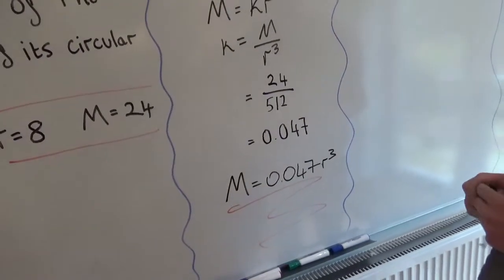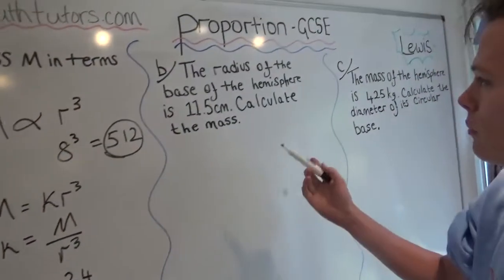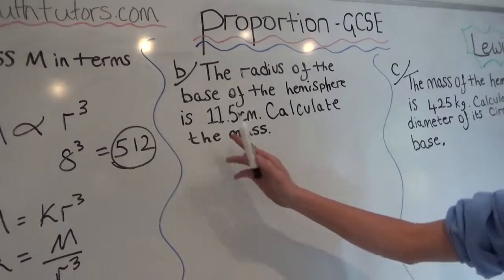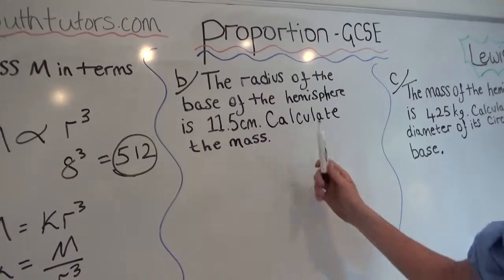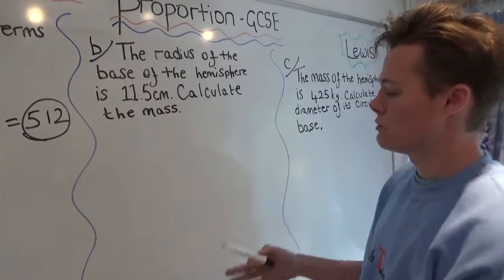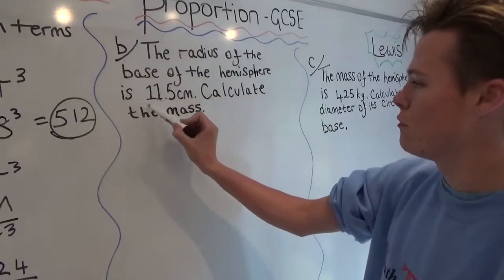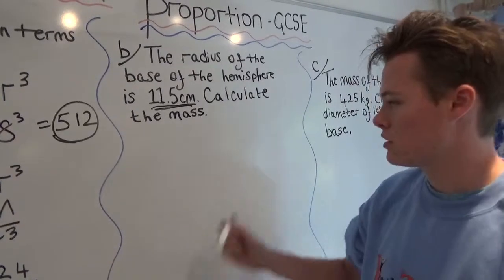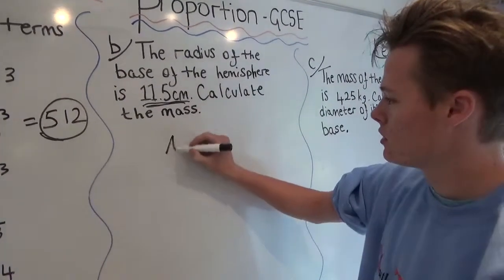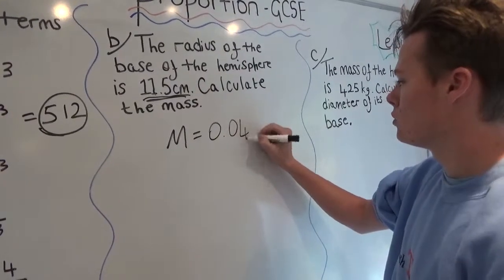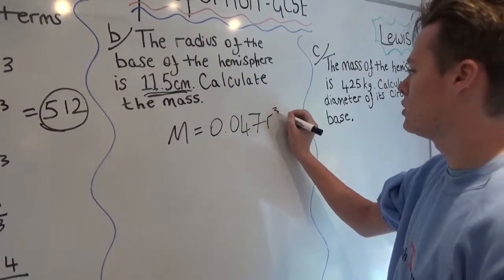Okay, easy peasy. So moving on. Part B: the radius of the base of the hemisphere is 11.5 centimetres. Calculate the mass. This is as simple as plugging this new information into what we just worked out. So I'll quickly rewrite this up here: m equals 0.047 r cubed.